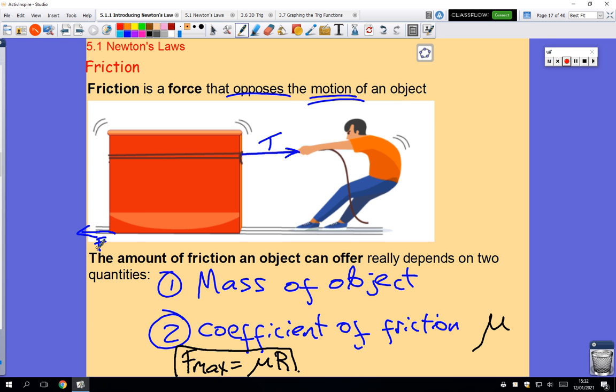So friction will increase as tension in the rope increases, until friction can no longer increase, and that's when it reaches this value here, mu times R. Mu is the coefficient of friction, R is the normal reaction, and the normal reaction depends on the mass of an object.